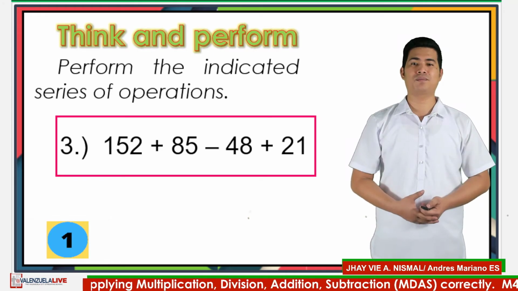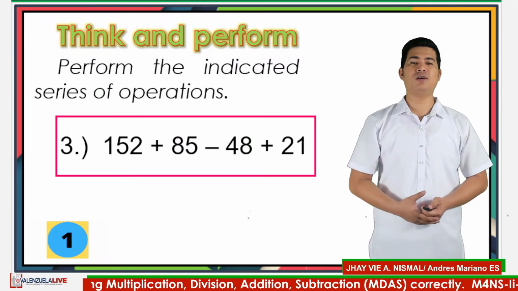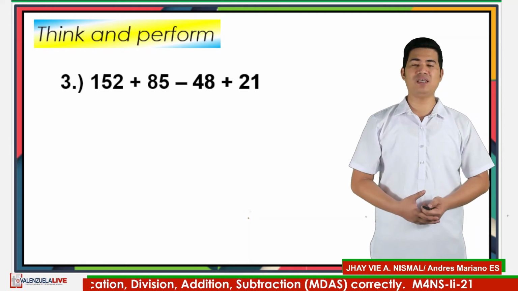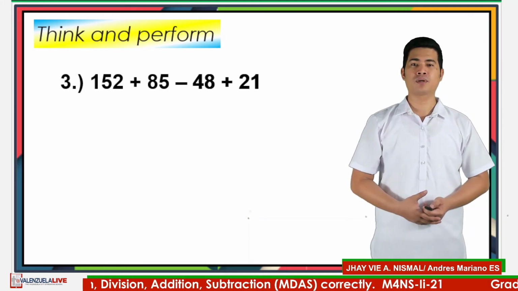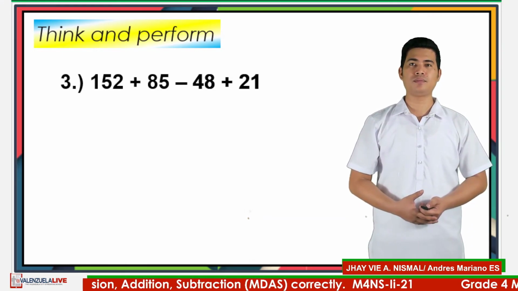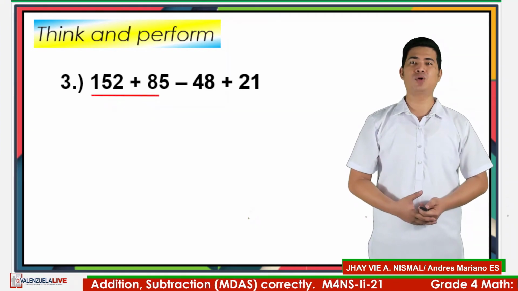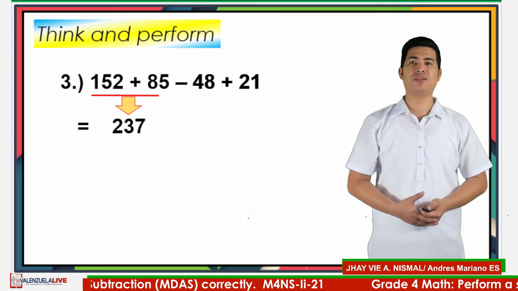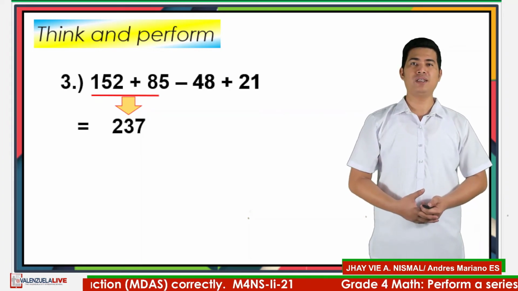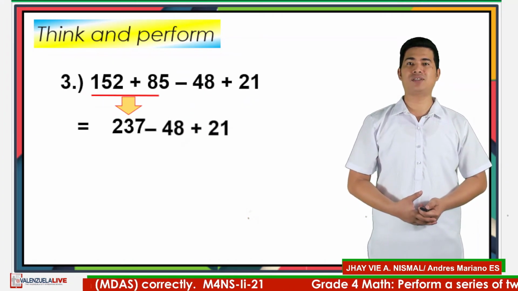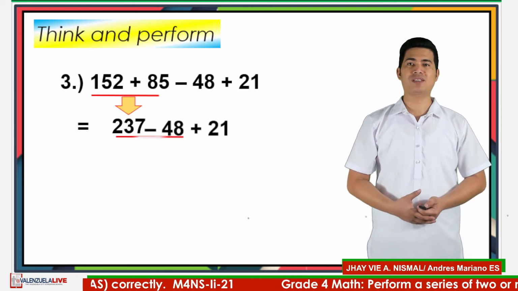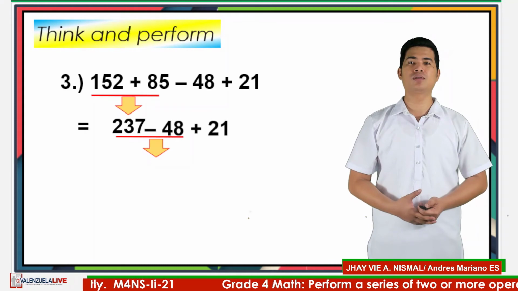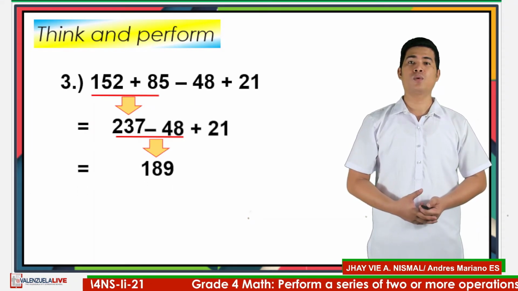Time's up. Let's find out the answer. 152 plus 85 minus 48 plus 21. 152 plus 85 is equal to 237. Bring down minus 48 plus 21. Next, 237 minus 48 is equal to 189.